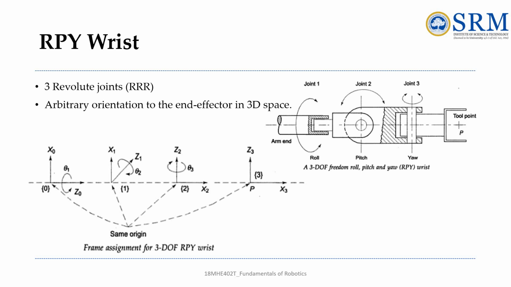Okay, so here you could see the frame assignment for 3 degree of freedom RPY wrist. So the axis of rotation will be along the z-axis. Okay, so first how will you compute the DH parameters by using forward kinematics, in general, then we'll see the DH parameter table.